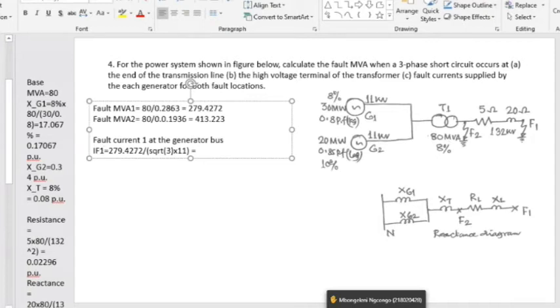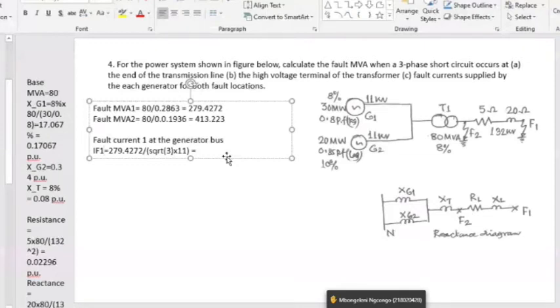We are not calculating the fault current at the fault point because that is not asked. We are asked to find the fault currents at the generator bus. That's why I take 11 kV, not 132 kV. If we were supposed to calculate the fault current at fault point 1, then we would have taken 132 kV. So calculate and tell me this one quickly.